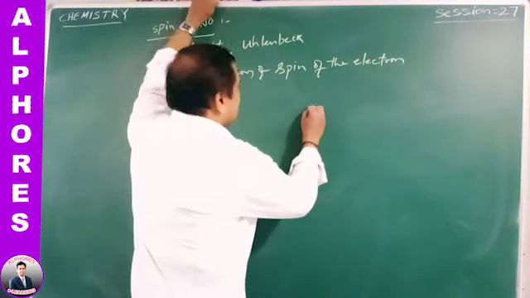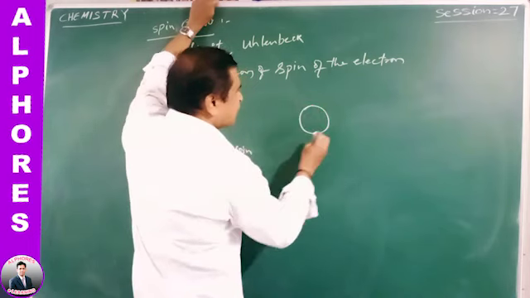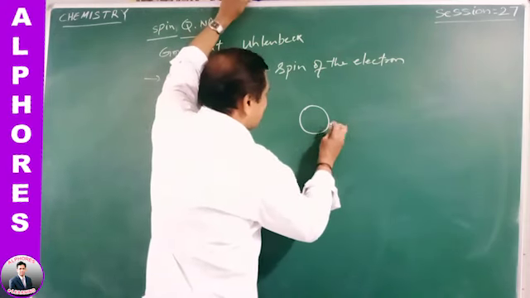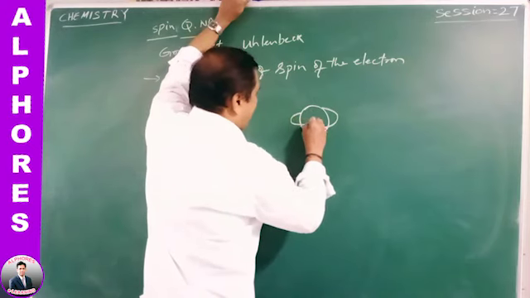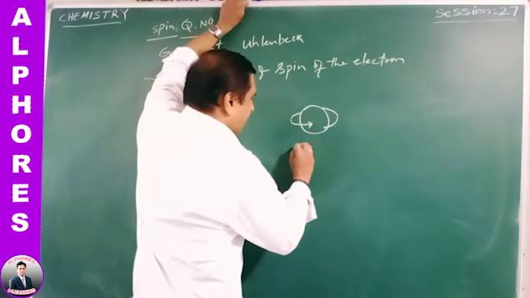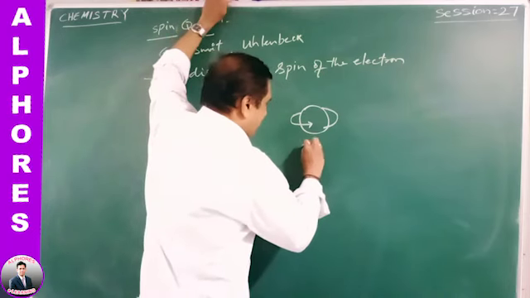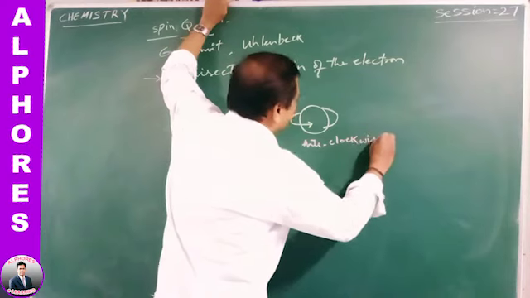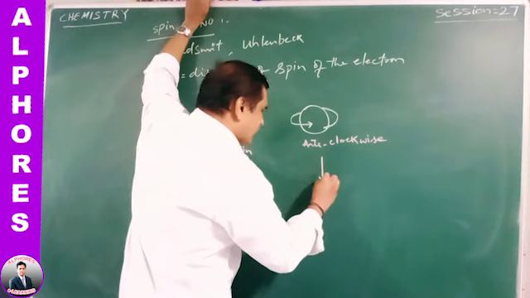If the electron rotates anti-clockwise, that is an anti-clockwise electron, and it is represented by an arrow mark downward.